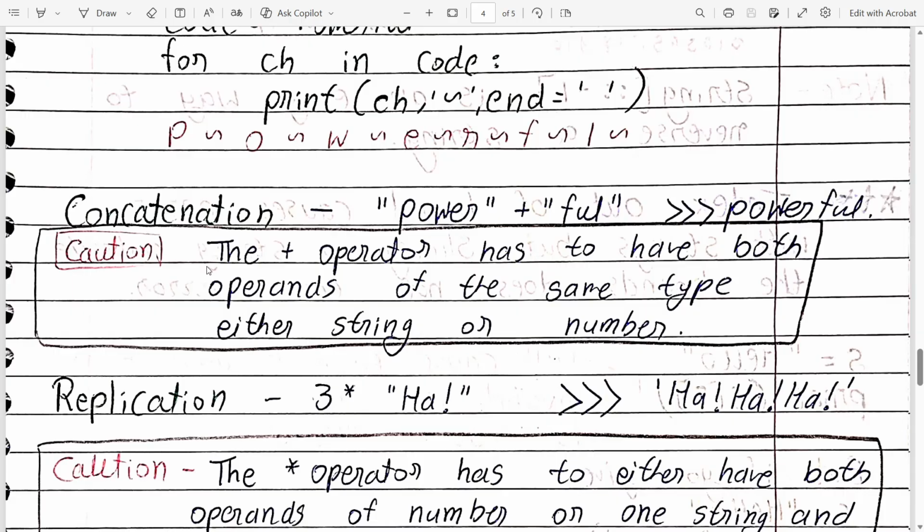There is also a condition: the plus operator has to have both operands of the same type, either both strings or both numbers. Else it will return an error. If you write power plus integer 3, not string type, it will not support and will return an error.